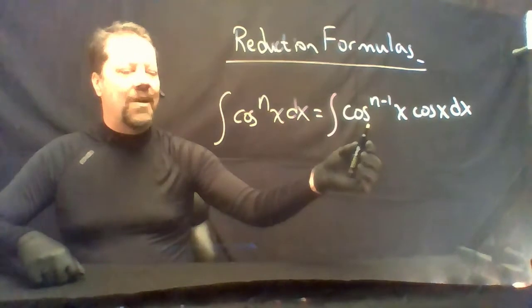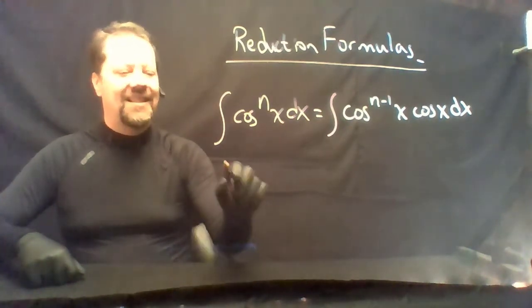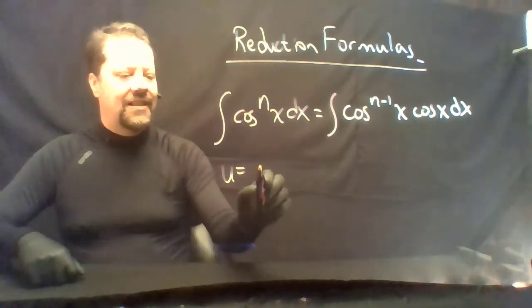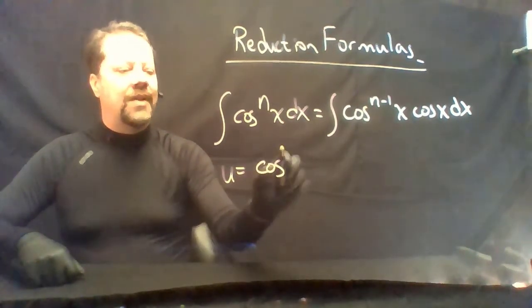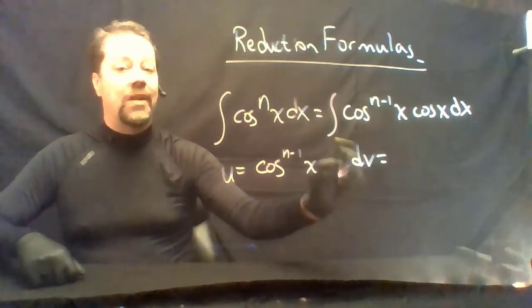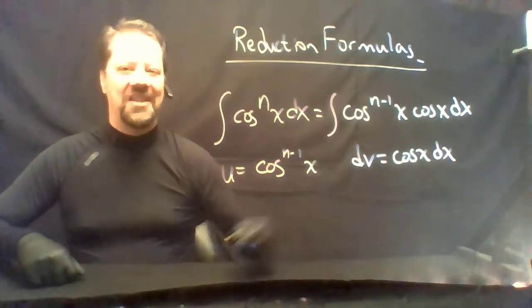For integration by parts, there's a u part and a dv part. In this case, u is the thing that you'd rather differentiate. It's going to be cosine to the n minus 1 x. And dv is going to be everything else, including the differential.